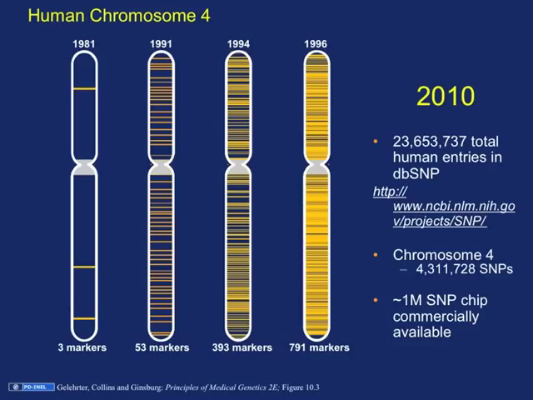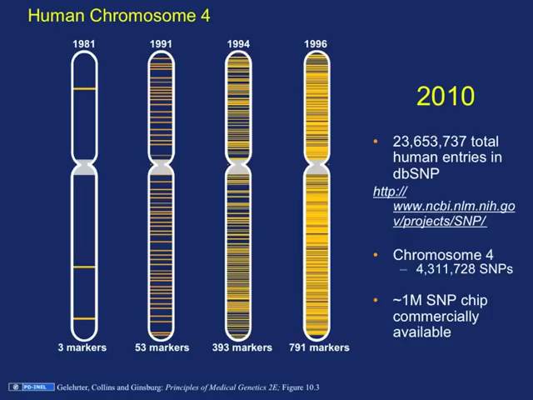Well, when I first started out in the lab, when I was in training, there were only 3. This is chromosome 4. I'm showing this because this is actually the first gene to be mapped by genetic approaches, the Huntington's disease gene, which turns out to be out here. And these were all the markers that were available. These are the only variants in humans that we knew of that we could use to try to track the gene.